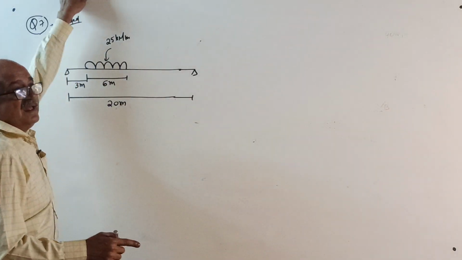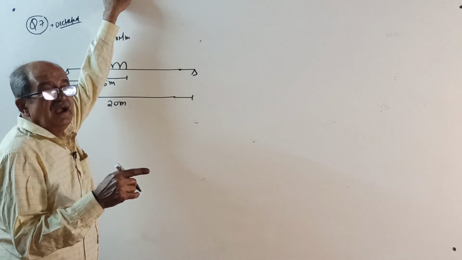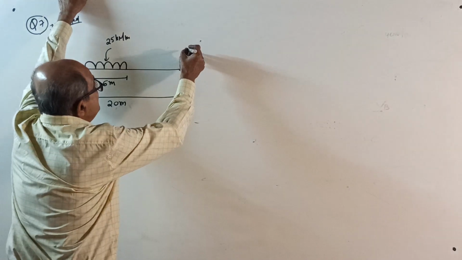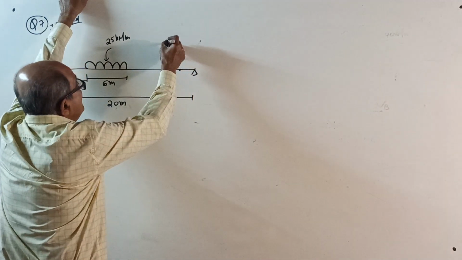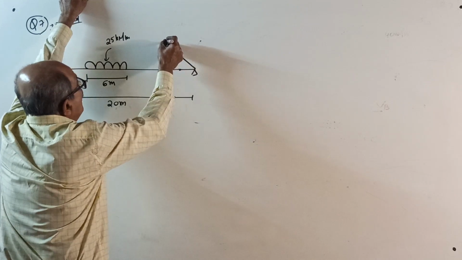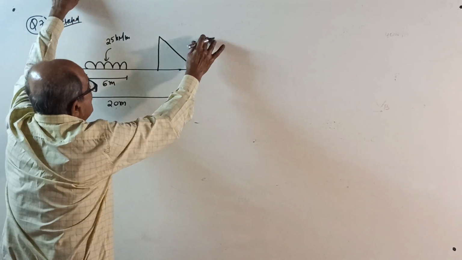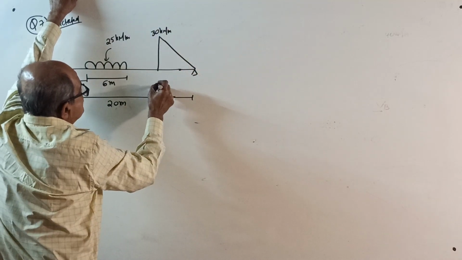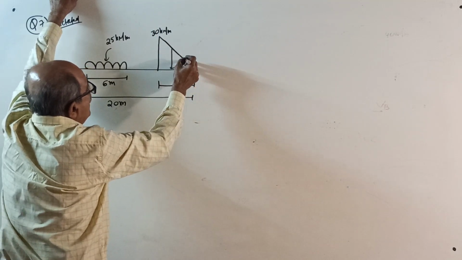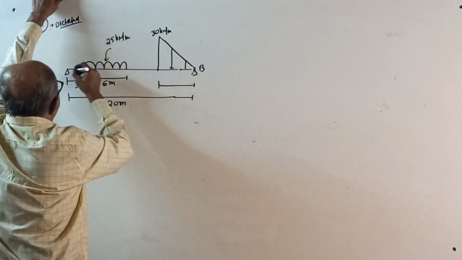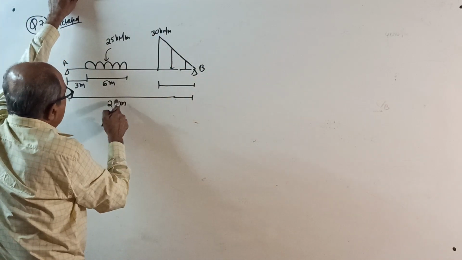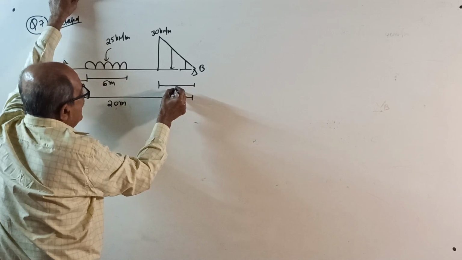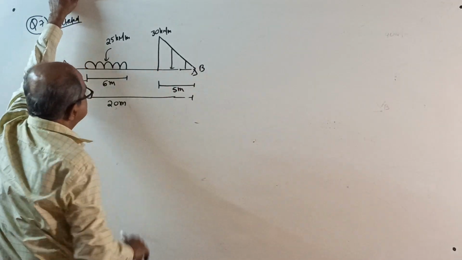Then there is a uniformly varying load with intensity 0 at the right end, this is B, and maximum of 30 kilonewton per meter at 5 meter from right end.